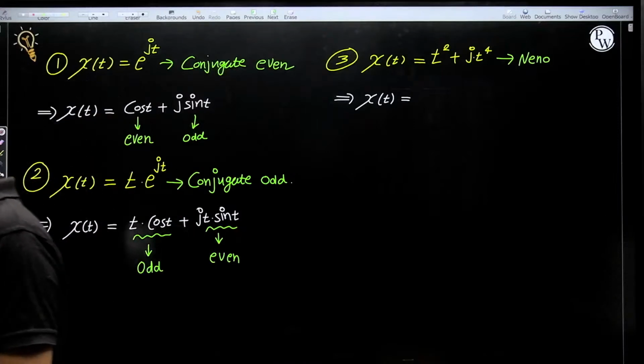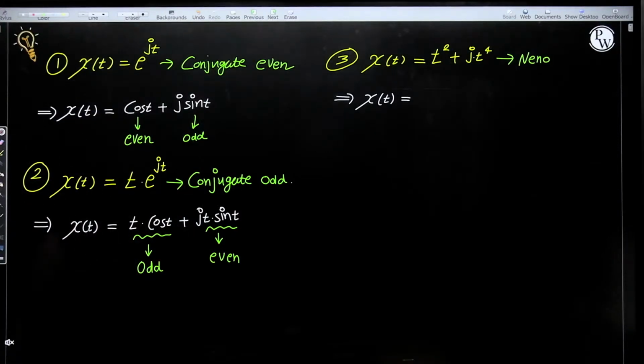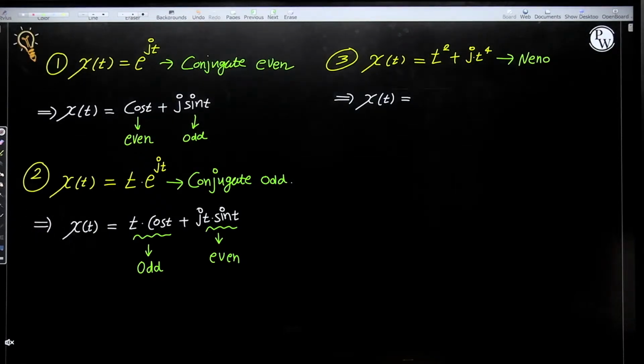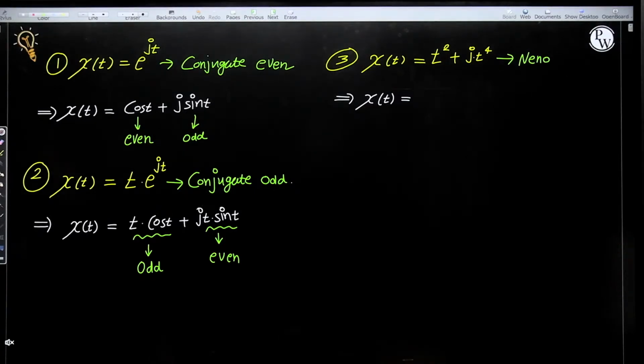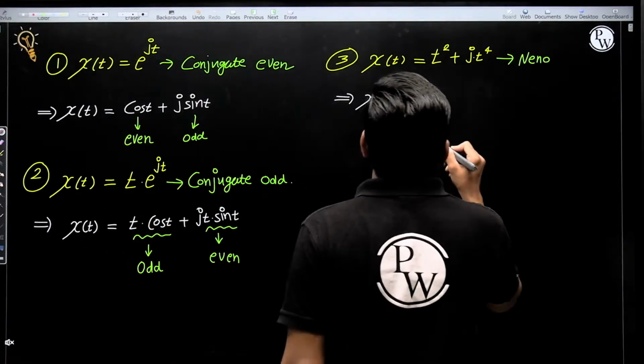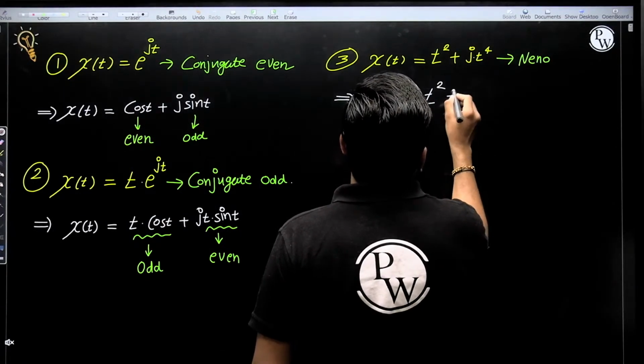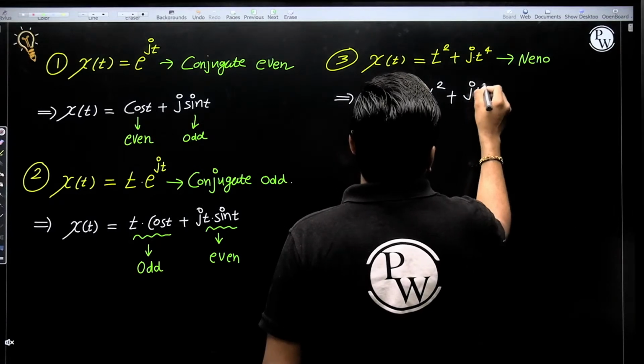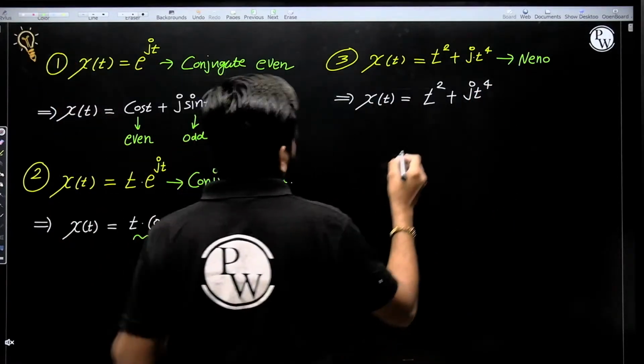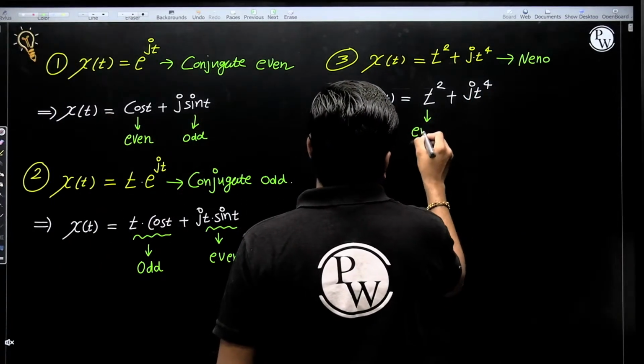Now the real part is even and the imaginary part is also even.